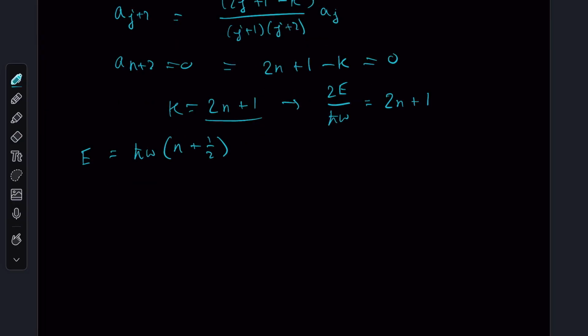So we know we're going to have some highest coefficient, or the highest one will be a sub n, because a sub n plus 2 is going to be equal to 0. And n also corresponds to our energy levels. So we can find out the allowed values of k in terms of n, which is just 2n plus 1.